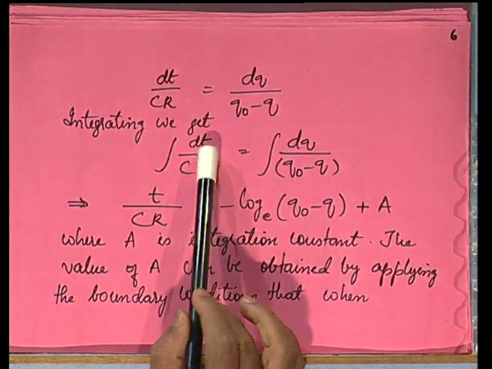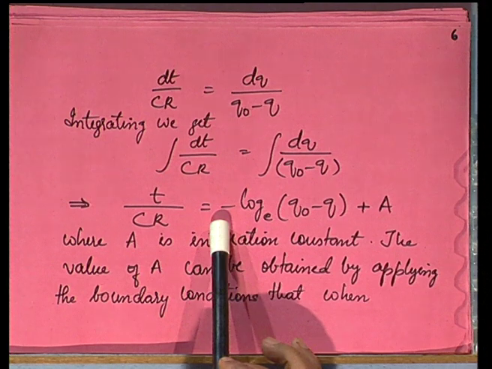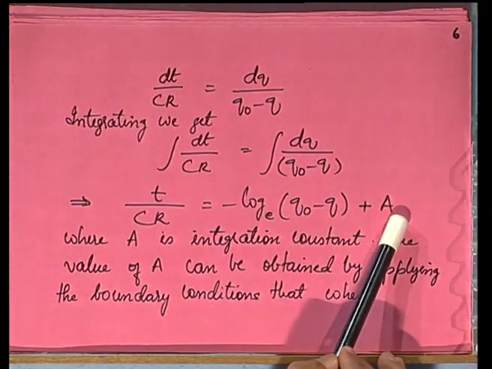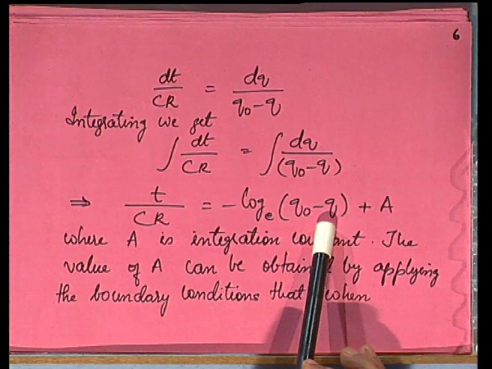Integrating the above equation, we get t divided by C R is equal to minus log e of Q naught minus Q plus A. A is known as the integration constant. In order to find the value of A, we apply certain boundary conditions.